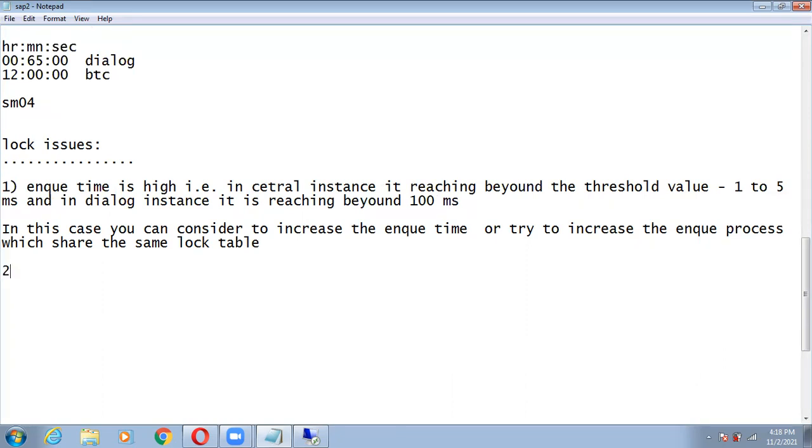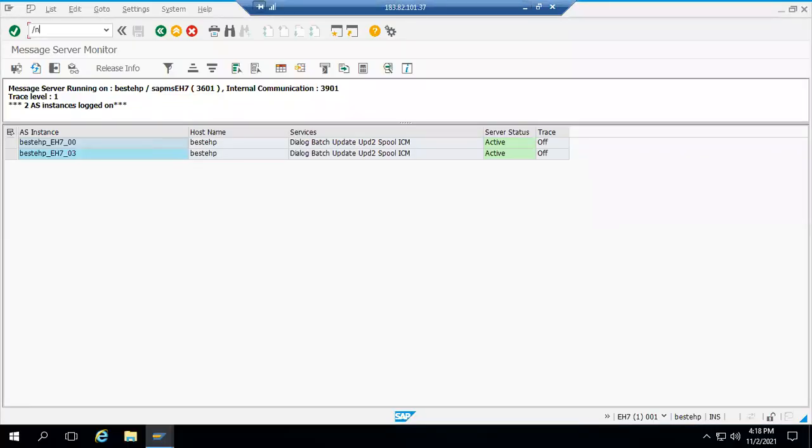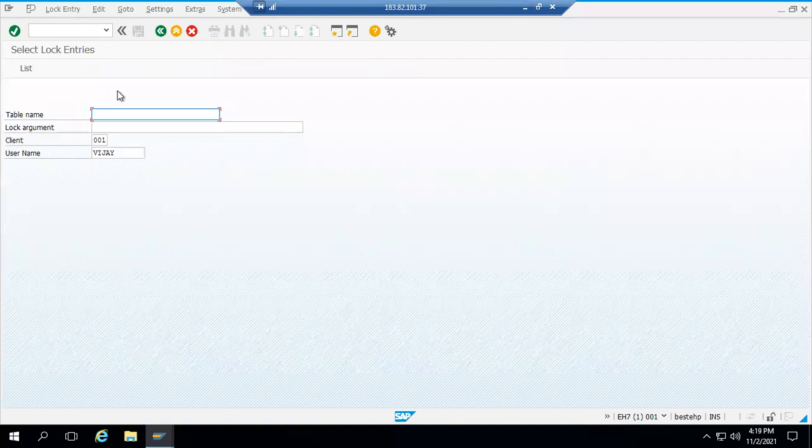The second one. I told you in the update class, you need to monitor the update process and at the same time monitor the memories.